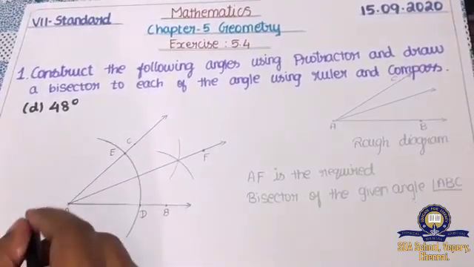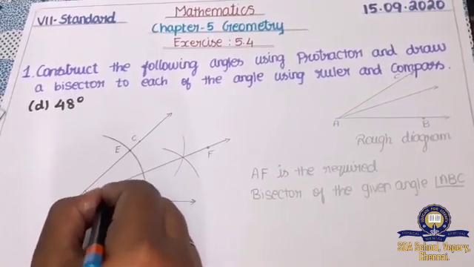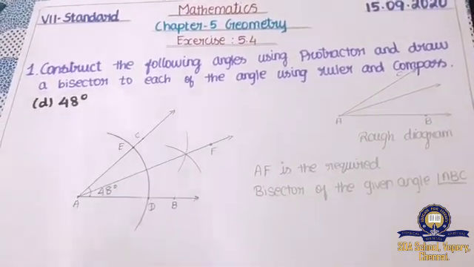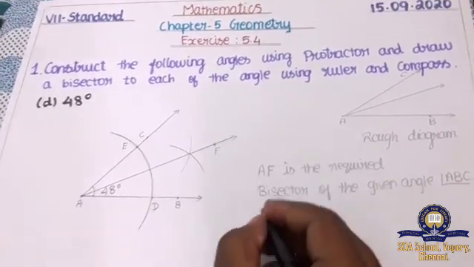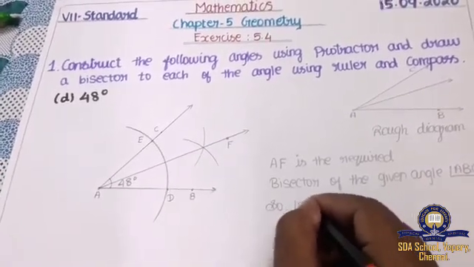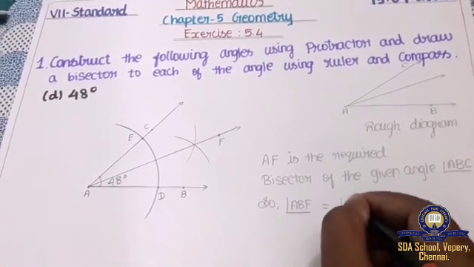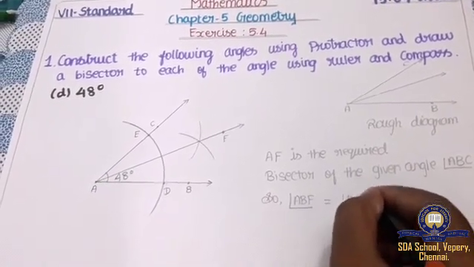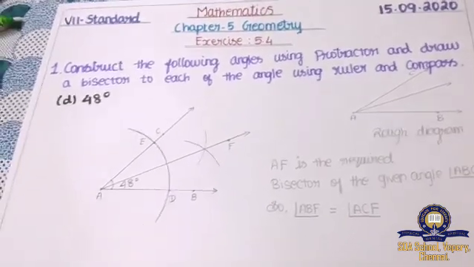So 24 plus 24 we get 48 degrees. Therefore, AF is the required bisector of the given angle ABC. So, angle ABF is equal to angle ACF. Now, do you understand, students?